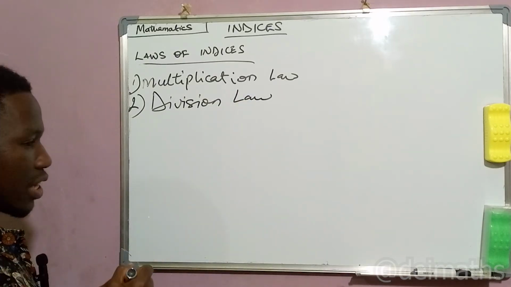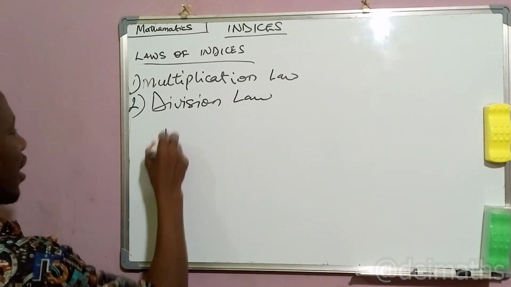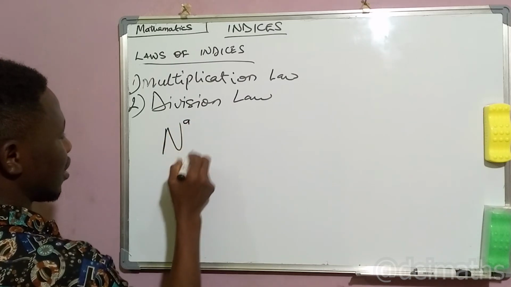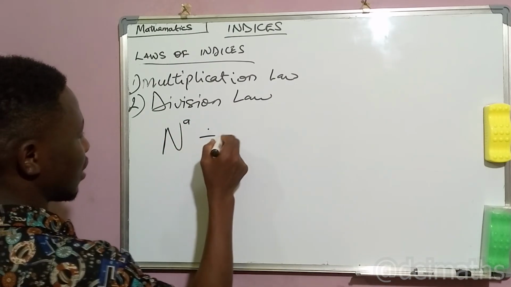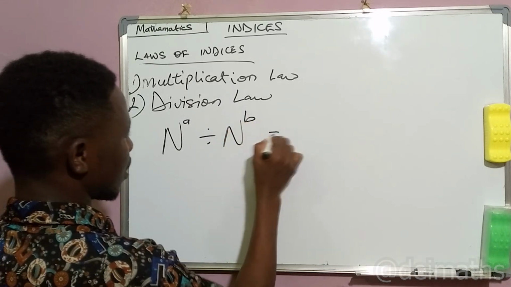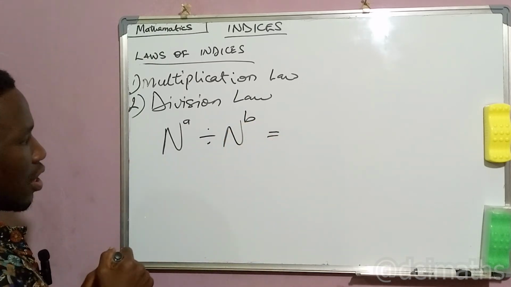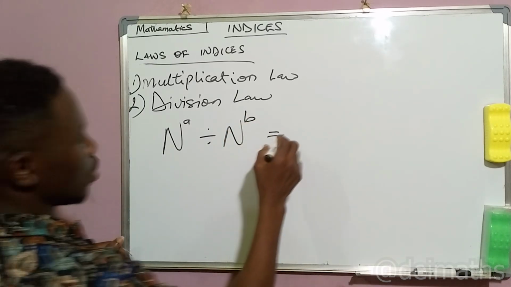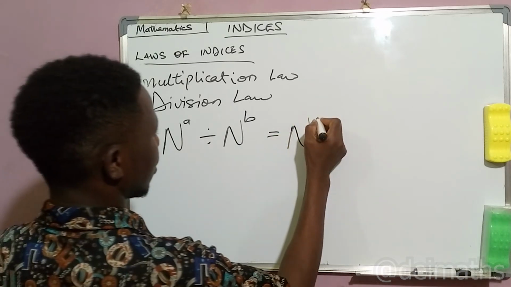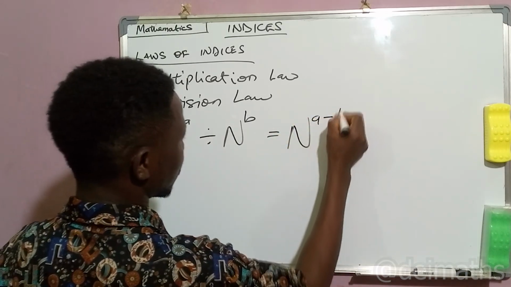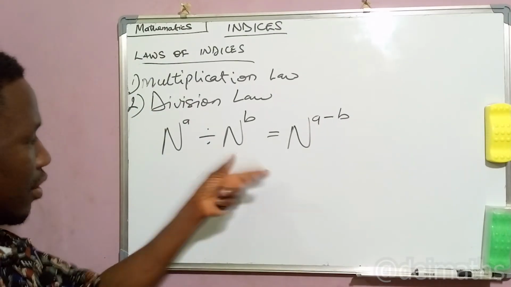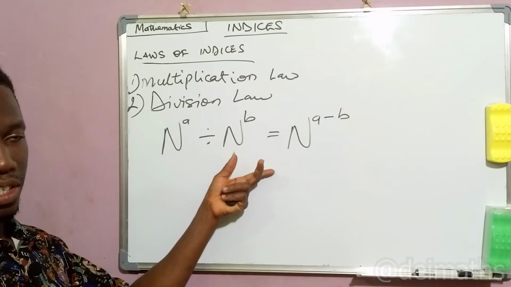So division law says that if a number n raised to power a is divided by a number n raised to power b, the quotient should be the number n raised to power a minus b. This is the second law of indices.